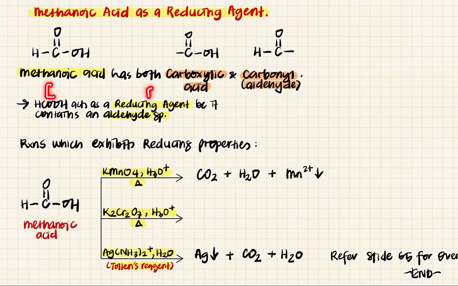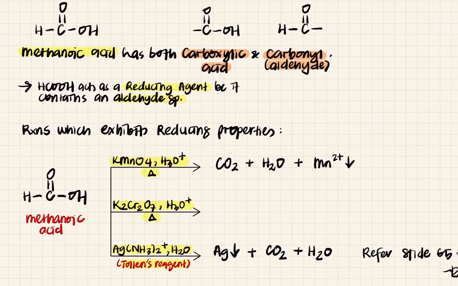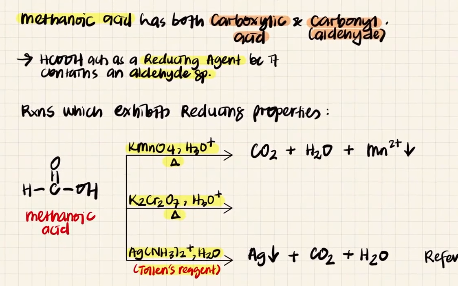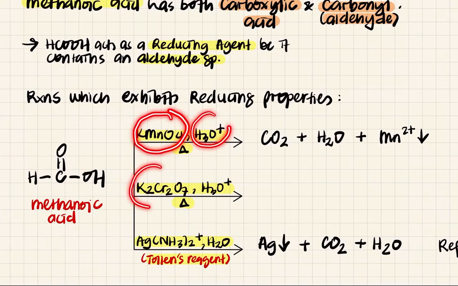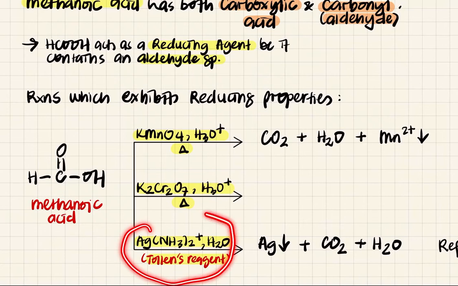Okay, dia boleh undergo oxidation since dia adalah reducing agent. So dia akan reduce apa dalam oxidation reaction tu? Kita boleh exhibit that property by oxidizing your methanoic acid lah using KMnO4 in the presence of acidified water, okay, or K2Cr2O7, or you use Tollens reagent.